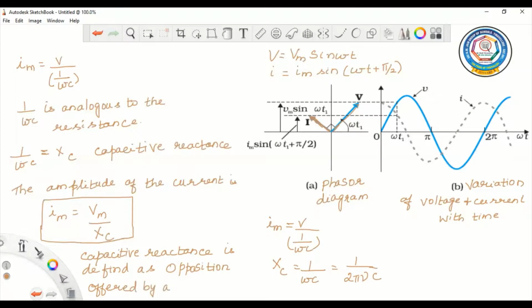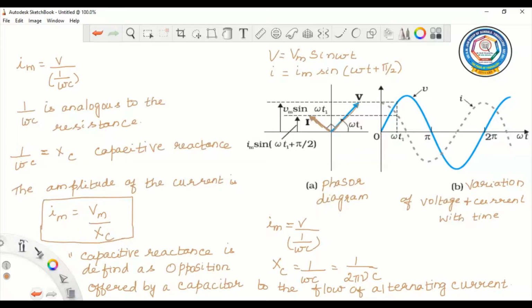Capacitive reactance is defined as opposition offered by a capacitor to the flow of alternating current. Okay, so this is very important. Capacitive reactance is defined as opposition offered by a capacitor to the flow of alternating current.